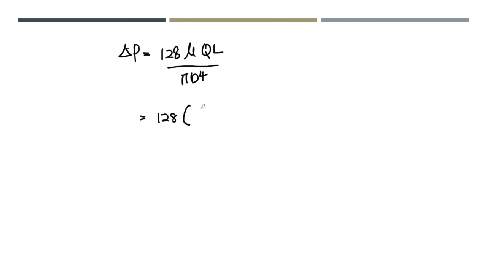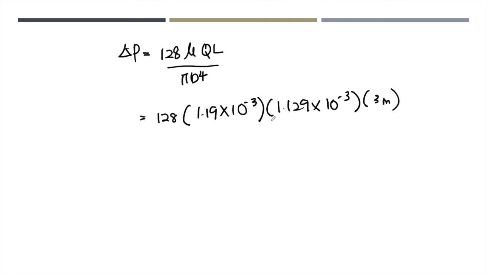So mu is 1.19 times 10 to the power of minus 3, times Q which is 1.129 times 10 to the power of minus 3, and then the length is 3 meter, already stated in the question, divided by pi times 0.5 to the power of 4.